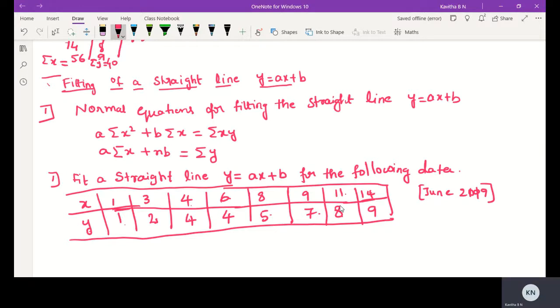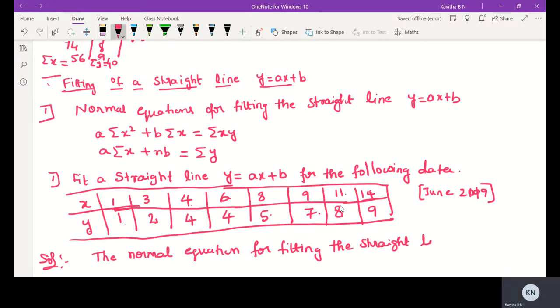Then first write the formula, the normal equation for fitting the straight line y is equal to ax plus b.